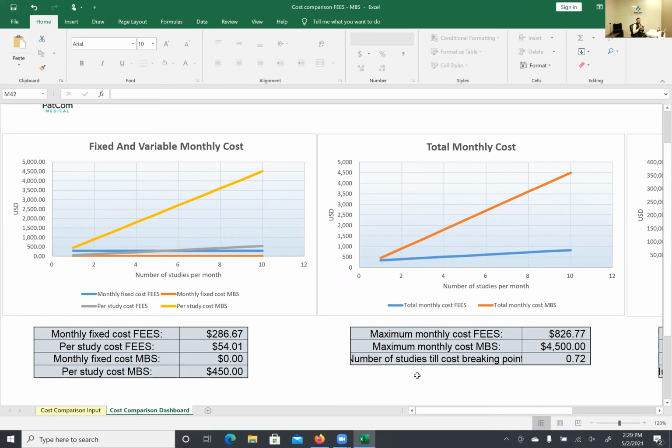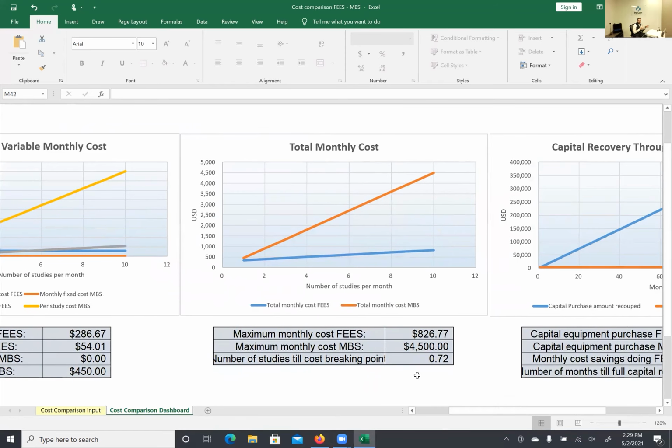Now, because we're not buying equipment right now, we're doing a lease and we only pay $270 per month. It only requires us to do one study per month to have cost savings doing fees versus sending a patient, which might cost $450 in transportation to get an MBS done. Right? So in that sense, that can happen very, very quickly.